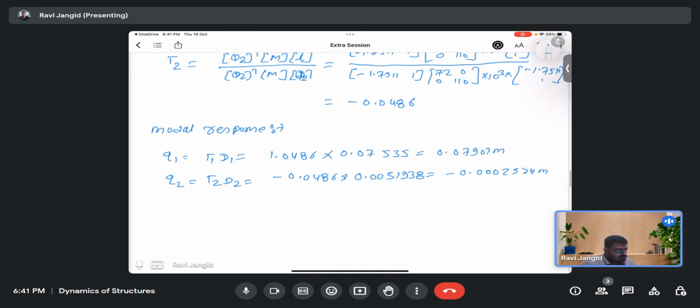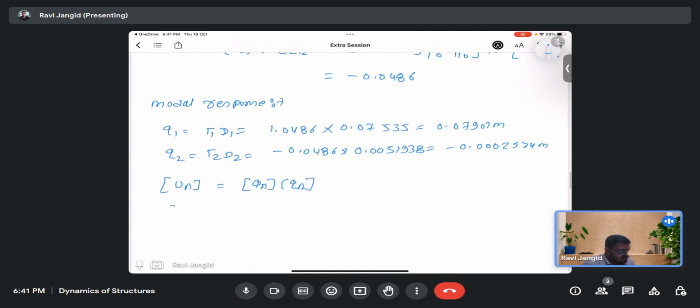Okay, so you can find the displacement of the stories. Un is equal to phi n times qn. So your u11, u21 would be phi 1, which is 0.8725, 1, times q1, which is 0.07901.